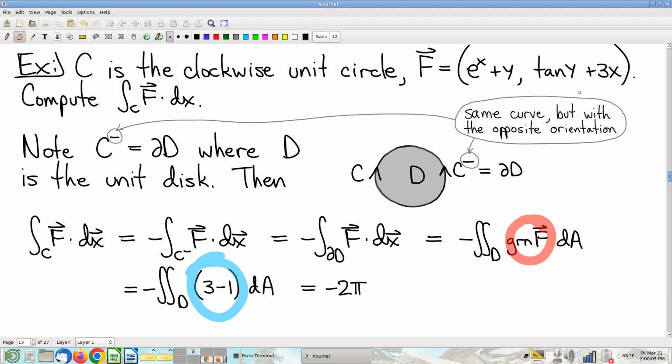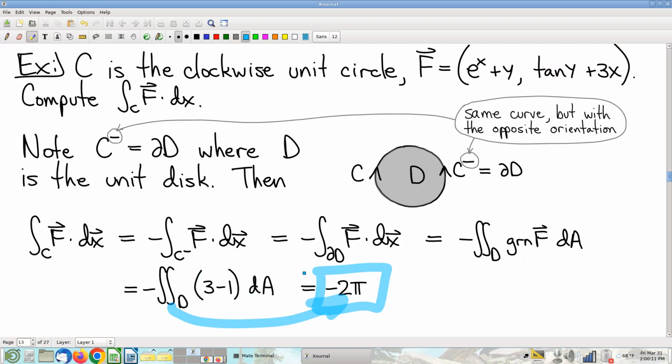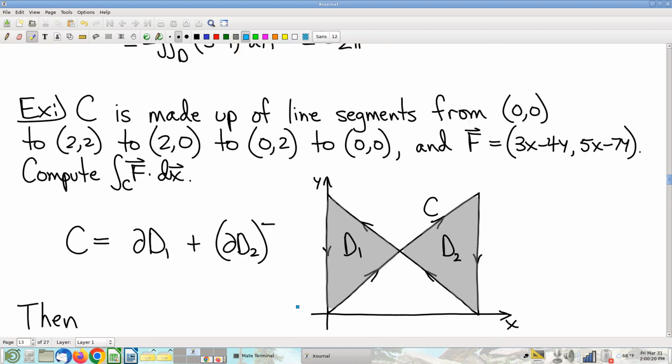And so you find yourself with a really easy double integral to compute and a nice punchline, easy answer. Everybody okay? All right. Okie dokie. Moving along.